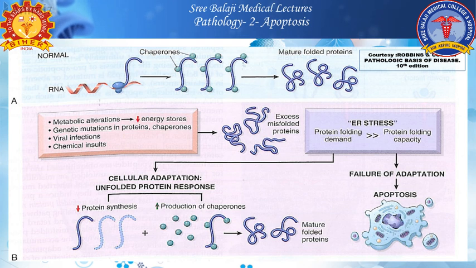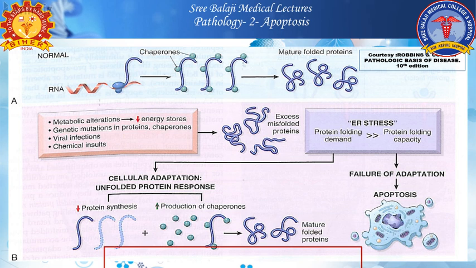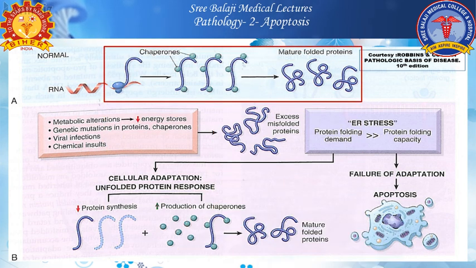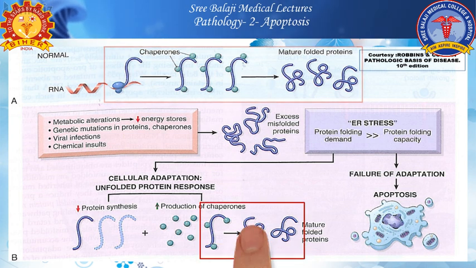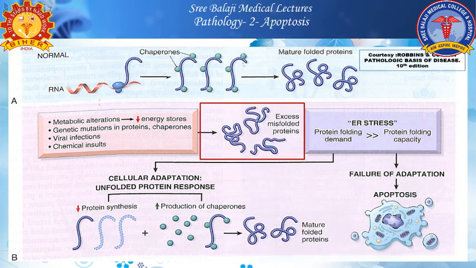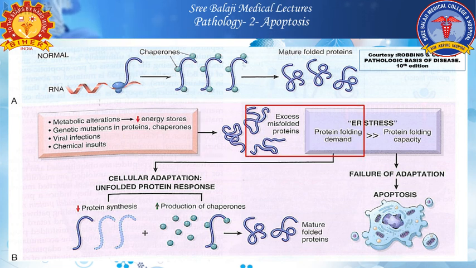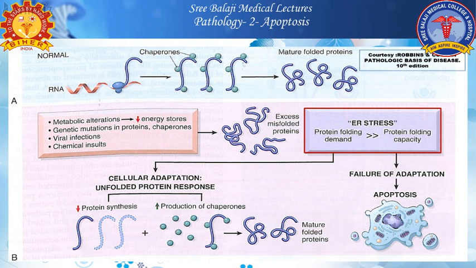Why does it happen? Normally the proteins are folded in the endoplasmic reticulum with the help of chaperones. Whenever there are genetic mutations, viral infections or any insult, the normal proteins get misfolded. That's why we call it endoplasmic reticulum stress.